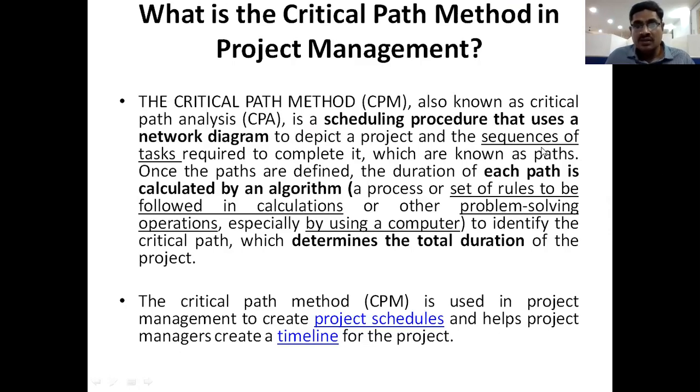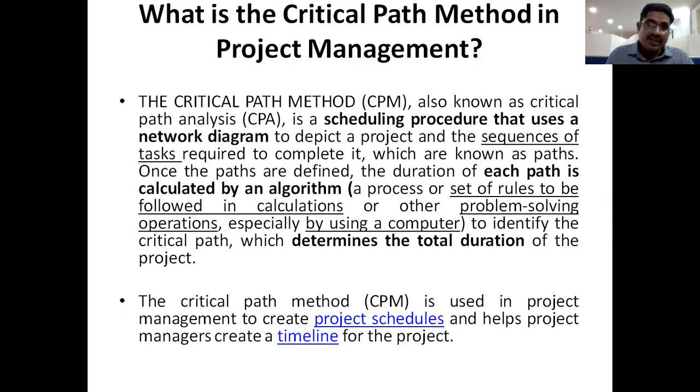So the sequential operations or sequence of tasks required to complete it are known as paths, paths to complete our work, our tender, or our contract, right? These paths are totally based upon the sequential operations.